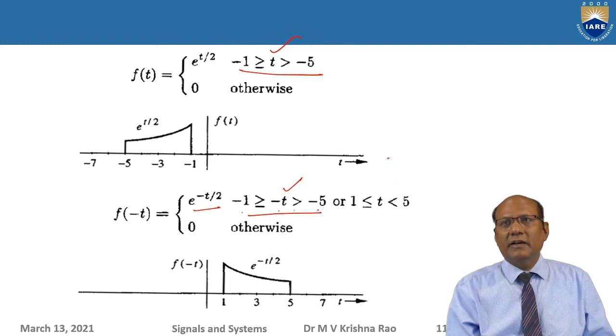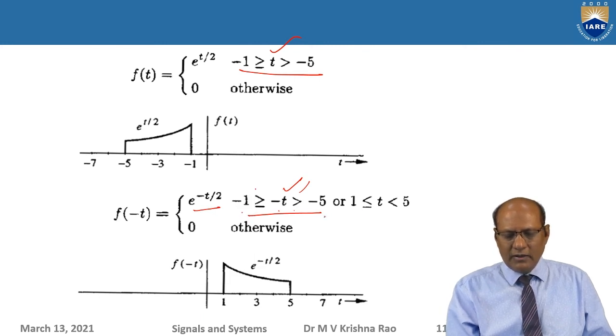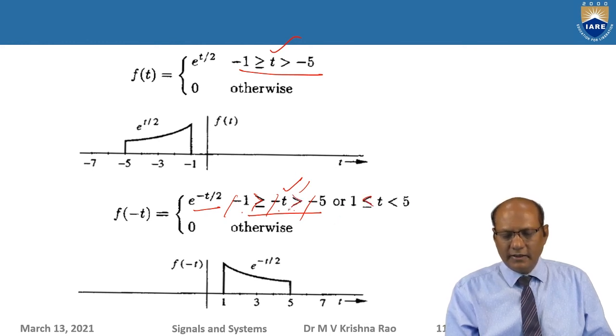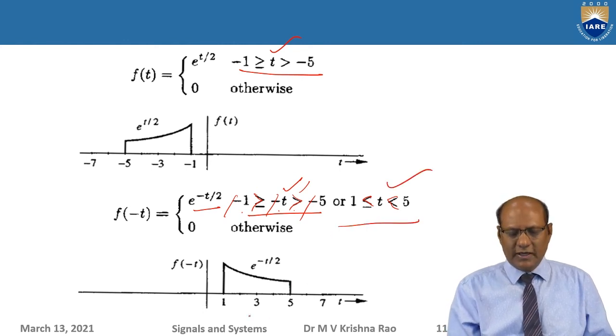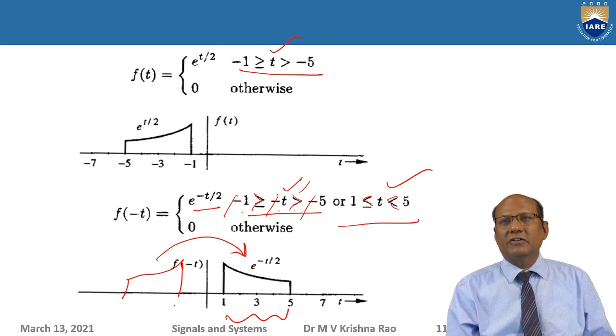When you reverse the sign, greater becomes lesser and lesser becomes greater. So this greater than becomes less than because of the sign inversion, and this greater than becomes less than. Finally, after the inversion, these are the limits. Earlier the signal was like this. So this is basically the mirror image, the time inverted version. All positives have become negatives.